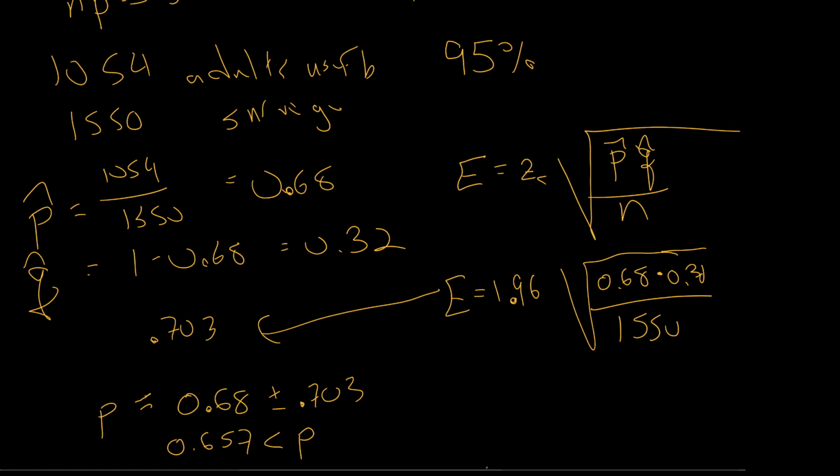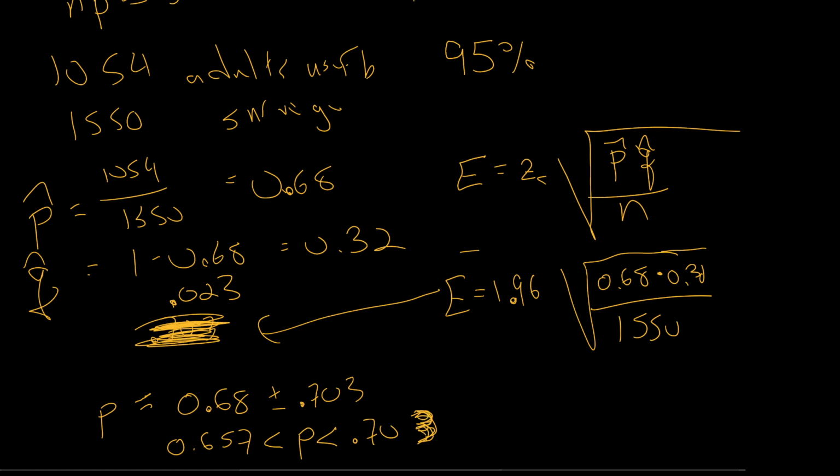Hold on here. I'll do it quick. This isn't 0.703. Sorry, I added everything in my calculator beforehand. If you do this on the calculator, this is 0.023. And when I add 0.023 to 0.68, I get the 0.703.